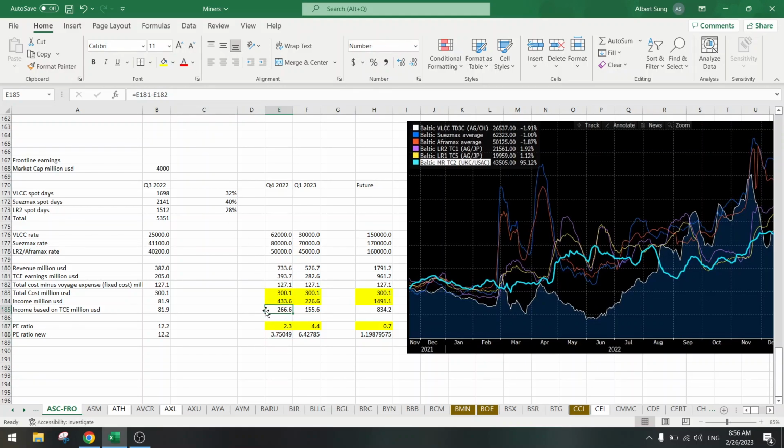That would give us around 300 million. So the PE would go to 3. Here, when you add the 40 million, that would give us 200. So the PE would go to 5. So it's still high financial leverage.